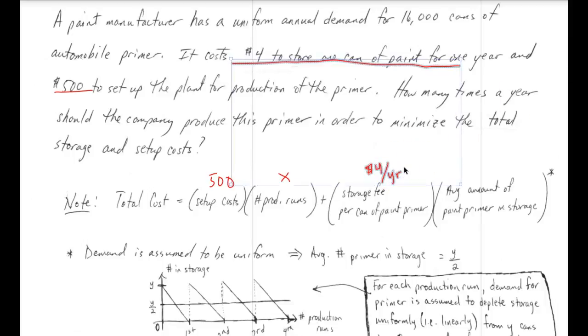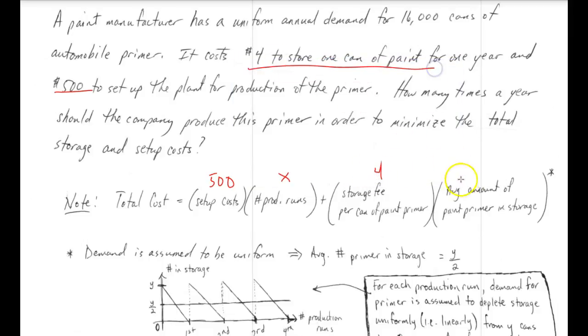And I'll just put a 4 here to make that easier to deal with. And of course, the average amount is this amount here, which is however much we have in storage divided by 2. Okay? And of course, 4 divided by 2 is just 2.